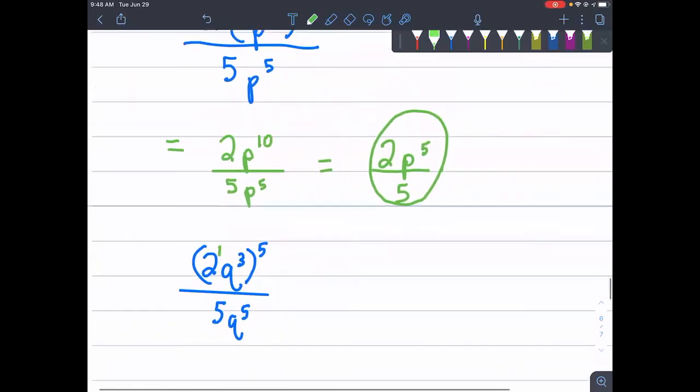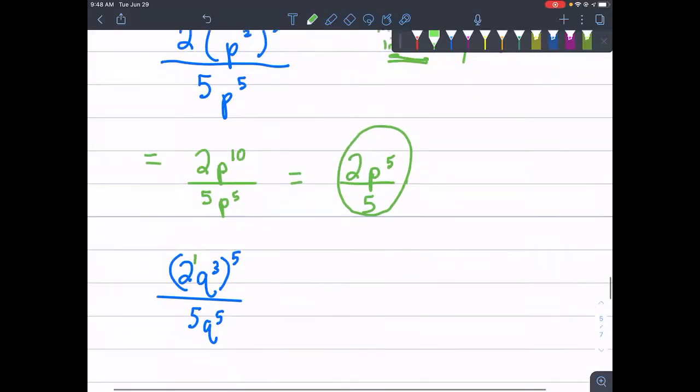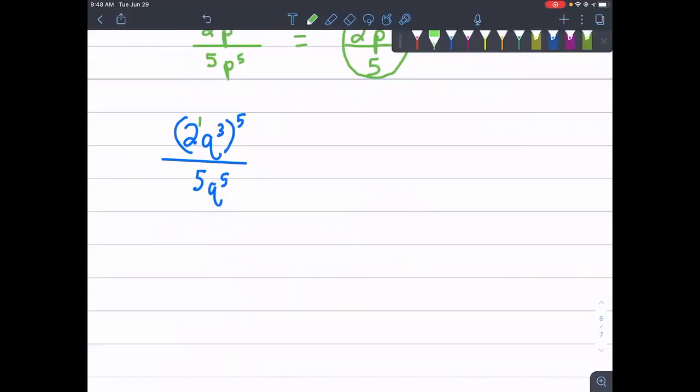Well, let's go back to the last one. You're going to multiply each exponent inside the parentheses times 5. On this one, this time the 1 is inside the parentheses, so it's going to be multiplied by 5 also. So this is going to be 2 to the 5th, 1 times 5, and then q to the 15th.